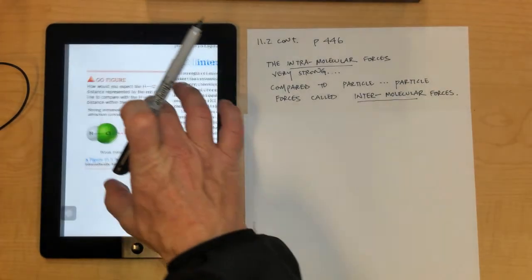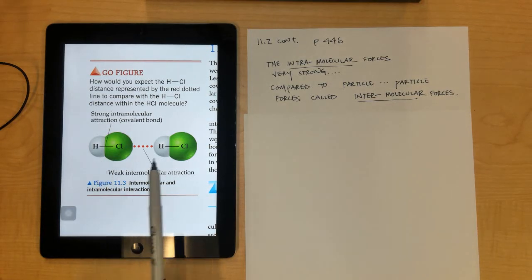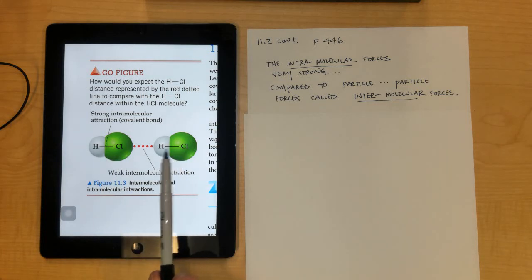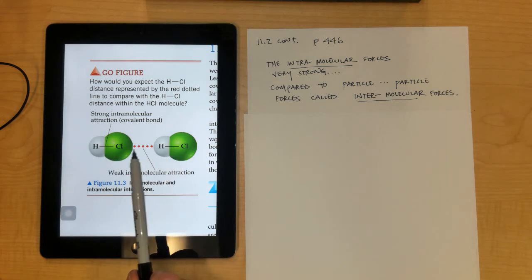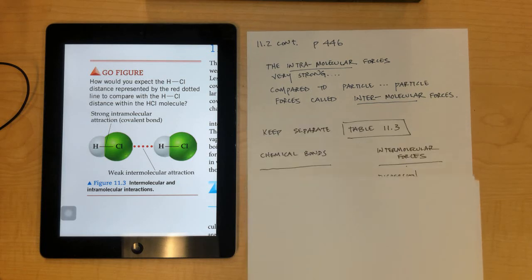We can see a diagram right here where we can see an HCl particle, and we have a polar covalent bond right here, and then another HCl with a polar covalent bond in it. But then these two would attract to one another, and this weak intermolecular attraction right here is what section 11.2 is all about.